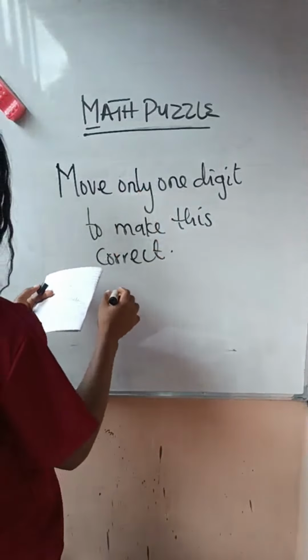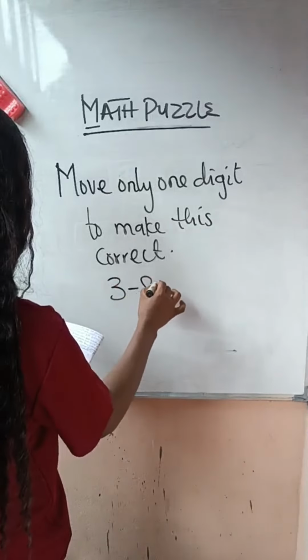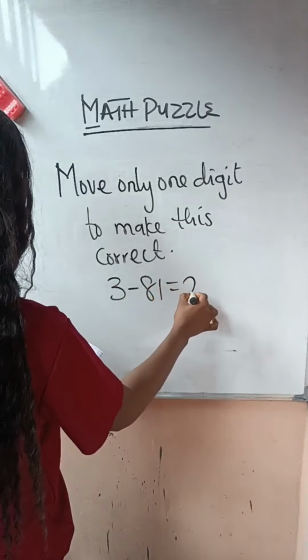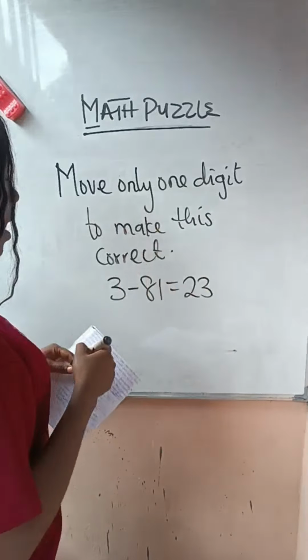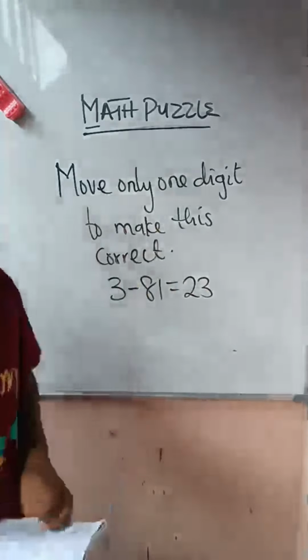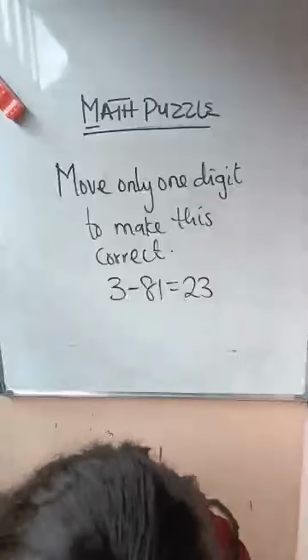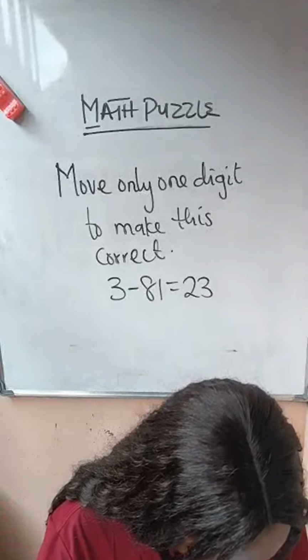Okay, so we have 3 minus 81 is equal to 23. So you're asked to move 1 digit to make this right.